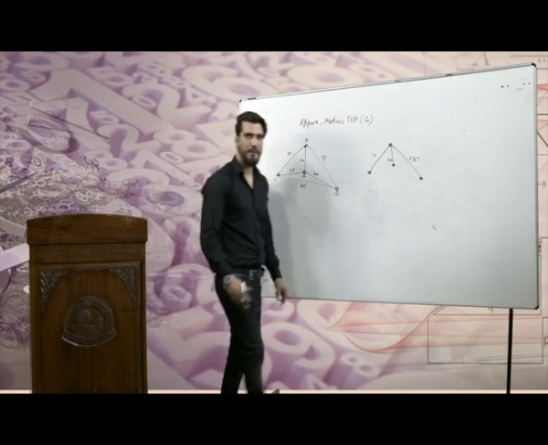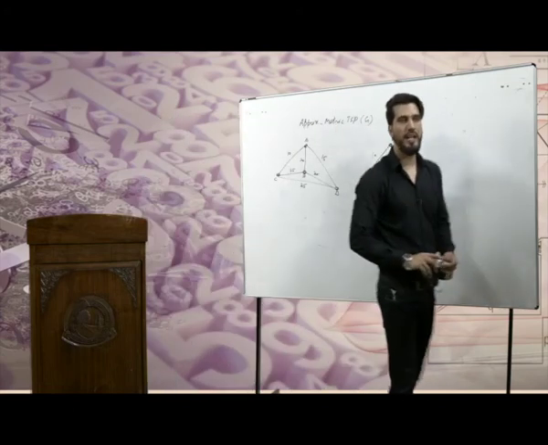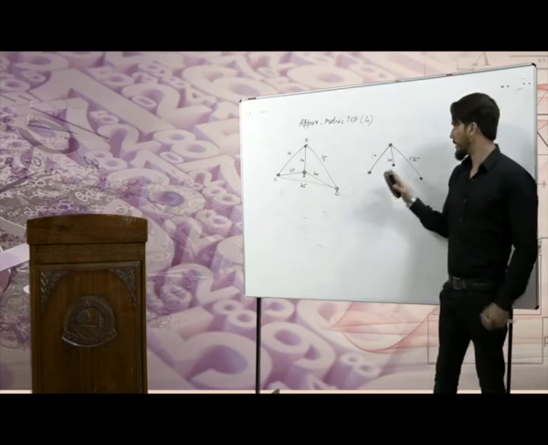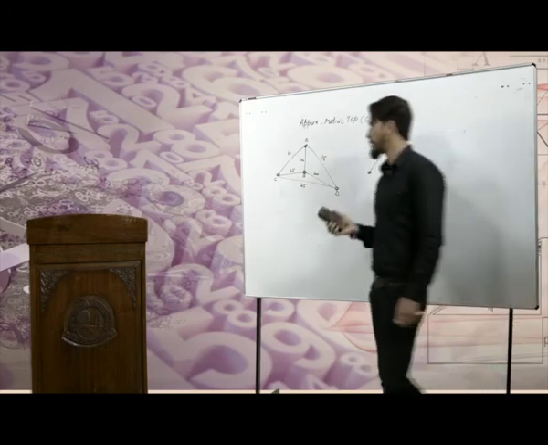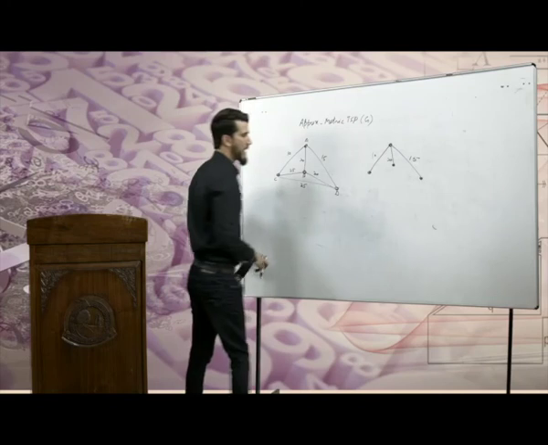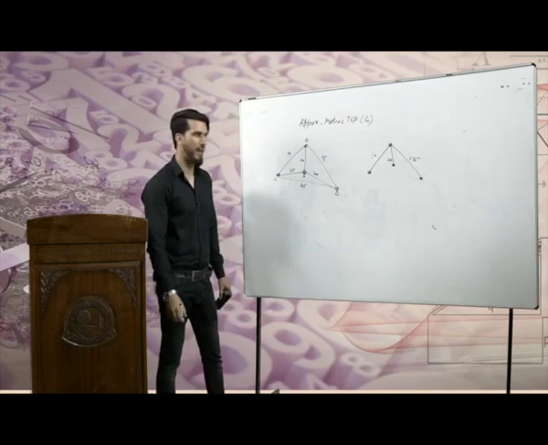The second step is to take any node as root, arbitrarily, and then traverse in pre-order fashion.